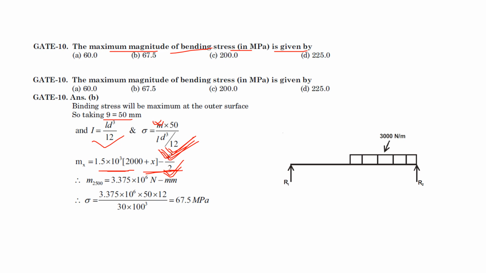In a linked question, the answer of our first question is used, so here they are using this 2500. Okay, so you'll get the moment. Now if you put all those values here and simplify, you'll get 67.5 megapascal. So the answer is B. Okay, please watch twice, you'll understand that.